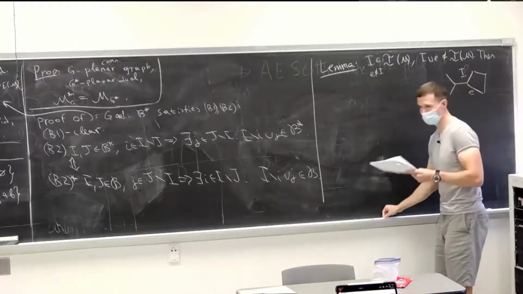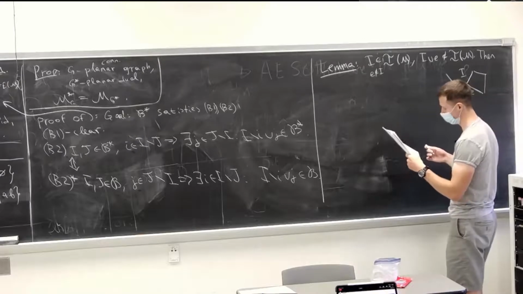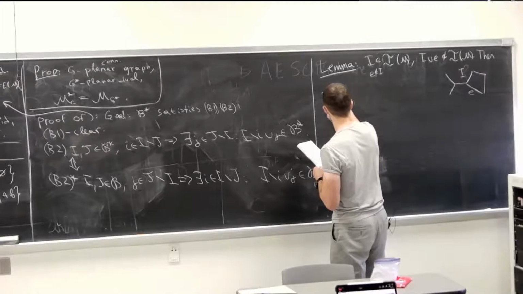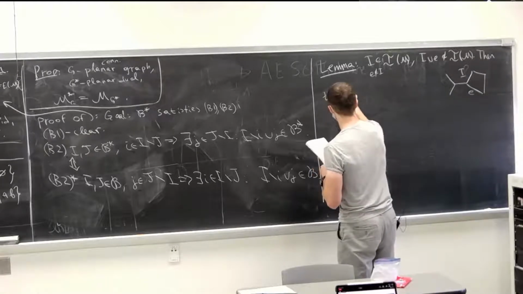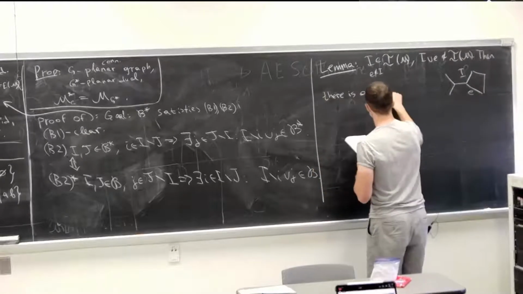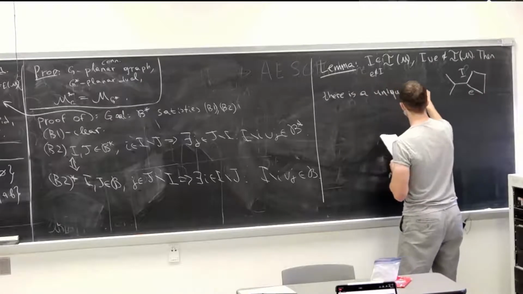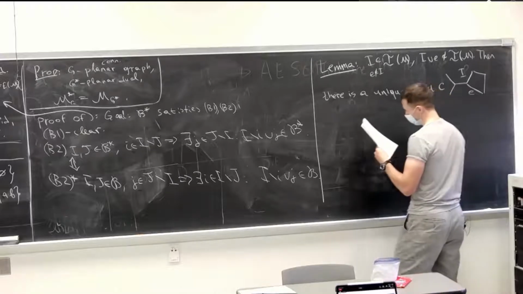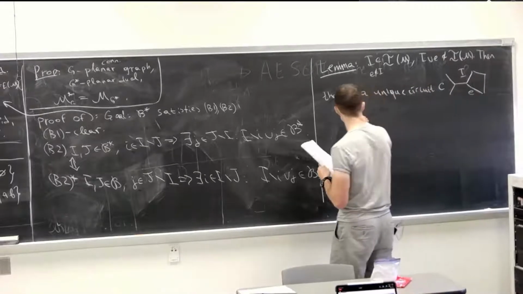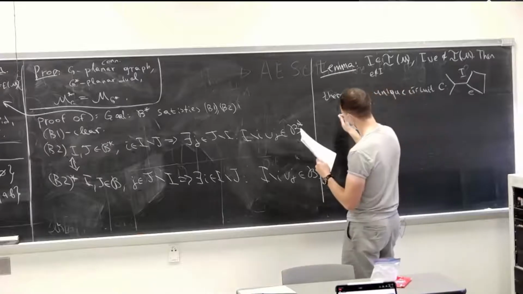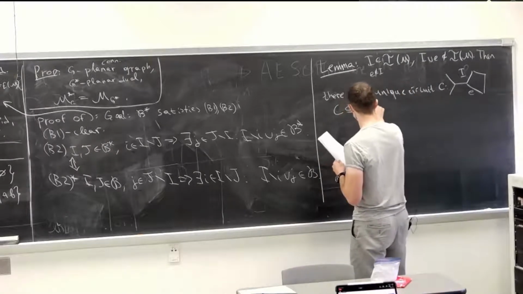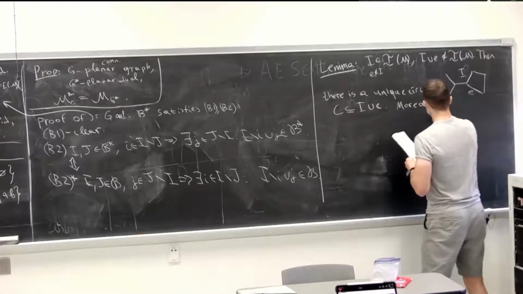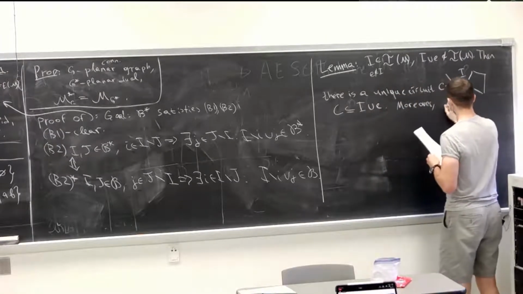And the claim is, so this is related to the question we had previously, that then there is a unique circuit C such that C is a subset of I union E, and moreover, E belongs to C.